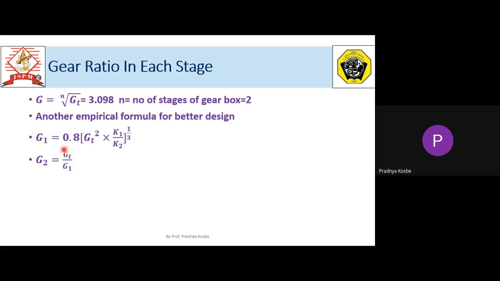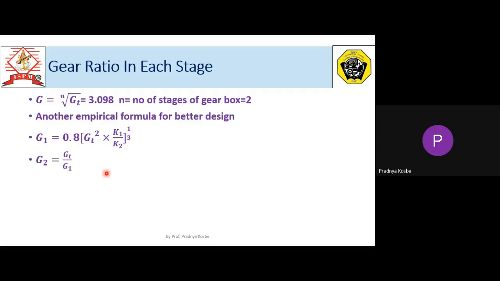So according to that, you will put the values over here: G1 is equal to 0.8 (9.6 squared into K1 by K2) raised to 1 by 3, where K1 is the load factor, and that depends upon hardness.